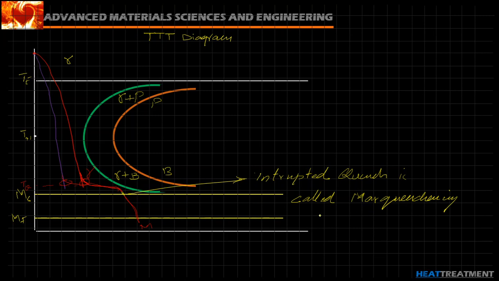Instead of calling it mar tempering, it is better to call this mar quenching, because we are actually quenching, and the further quenching beyond the start of the martensite has an interruption, and this interrupted quenching is called mar quenching.